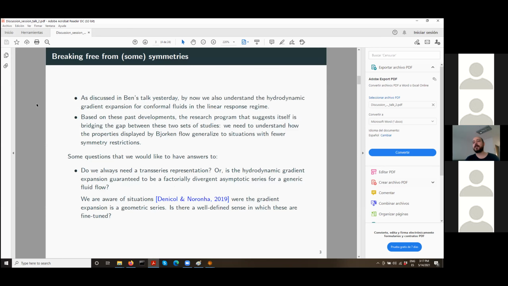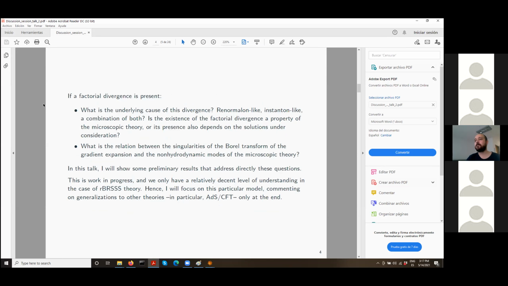And now, assuming that the factorial divergence is present, we would like to understand the origin of this divergence. In the language that Michal put forward on Tuesday, is this divergence renormalon-like? I mean, is it due to the fact that at a given order in the gradient expansion there are particular terms that grow factorially, and those give you the overall factorial divergence? Is it instanton-like, in the sense that you have a factorial number of independent terms contributing at each order in gradients, and this is the underlying cause of the factorial divergence of the whole gradient expansion?